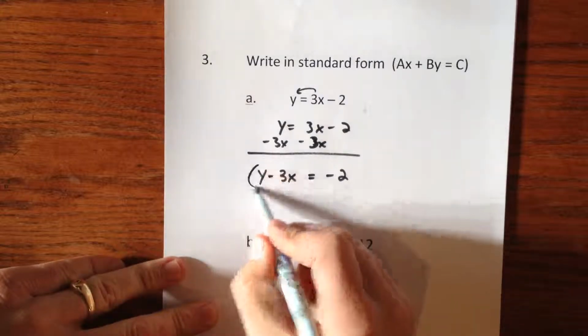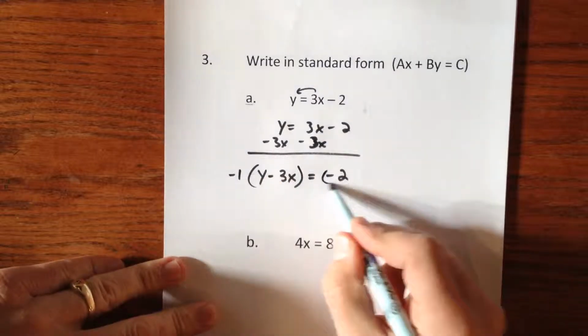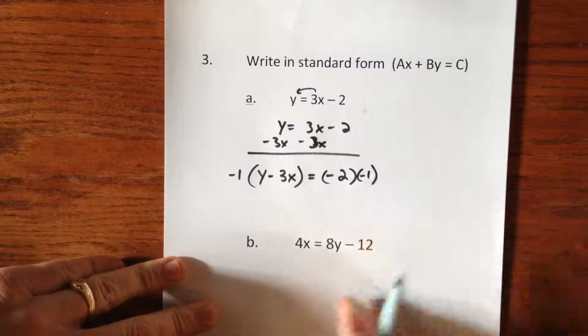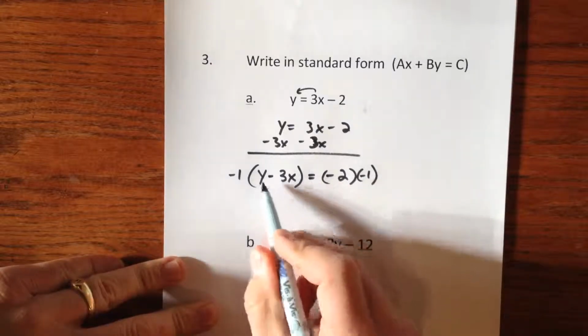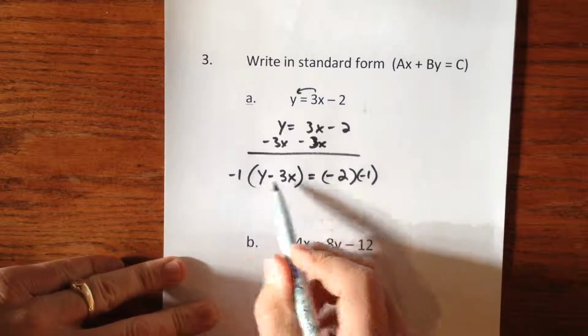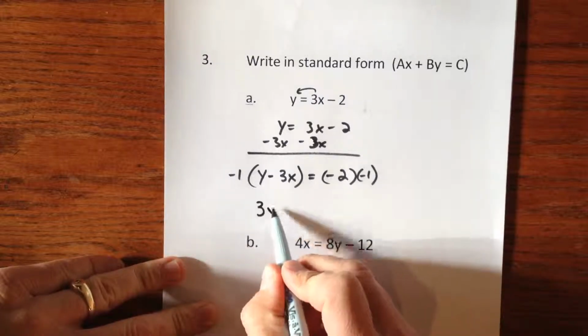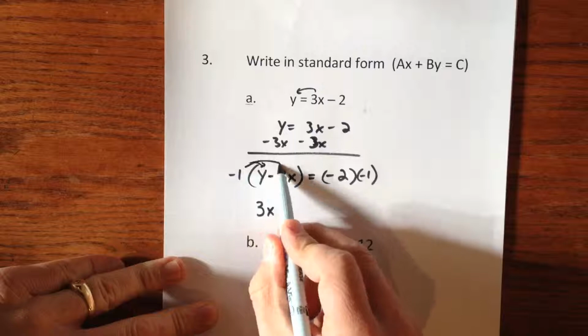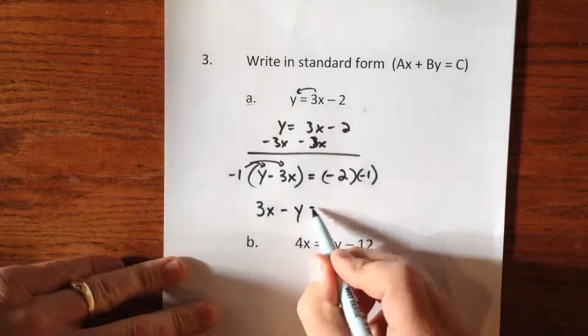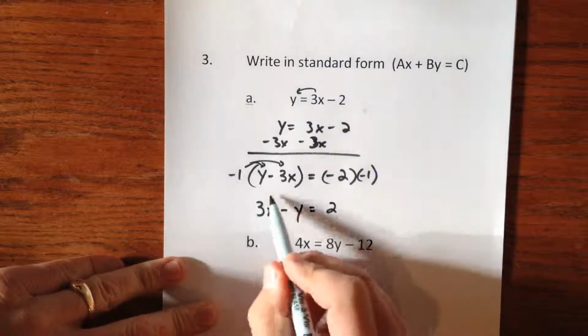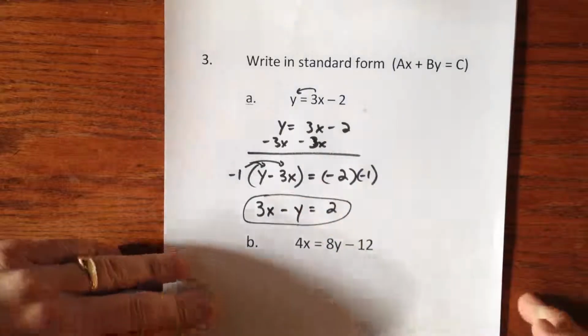So how do I get rid of the negative? I multiply both sides by -1. I can't just do one side. So I get 3x minus y. I'm going to rewrite the x first. So when I distribute this, I'm going to get a positive 3x and a negative y, and then it's going to be a positive 2. So that's in standard form.